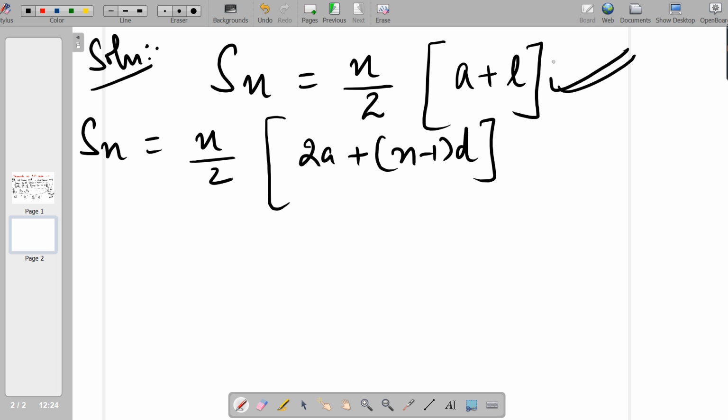Why? Because we are provided with the first element and the last element, so we will exploit this equation. If we had been given the values of small d, a, and n, and the summation was asked, then we would have opted for the other one.